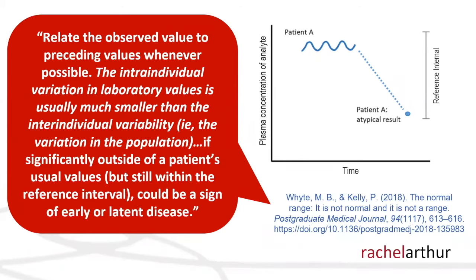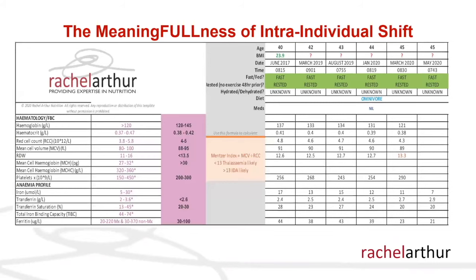Let's take a look. So here is a series of labs from a patient collected over 5 years, including just looking at those panels for hematology and iron studies. And on the surface, it looks all well and good because this patient is certainly sitting consistently above the minimum for hemoglobin, likewise for hematocrit.